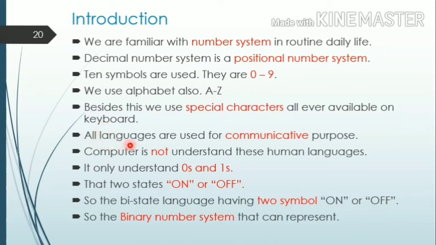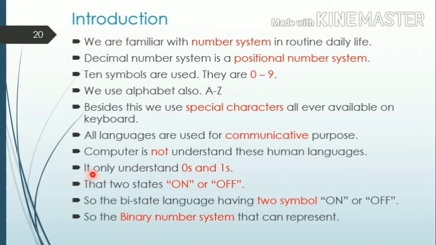Now, all these languages are used for communicative purposes. Computer does not understand these human languages. You all know that a computer is an electronic machine. It doesn't understand human languages.